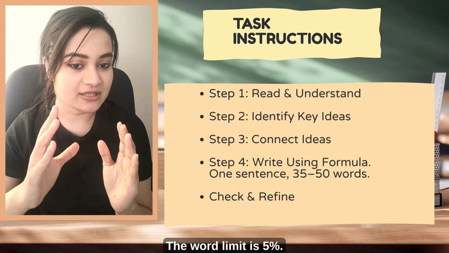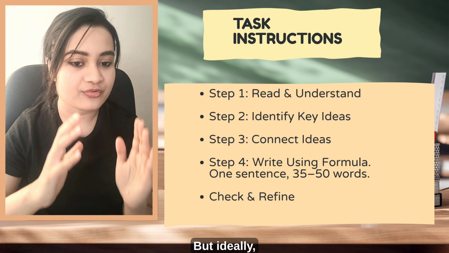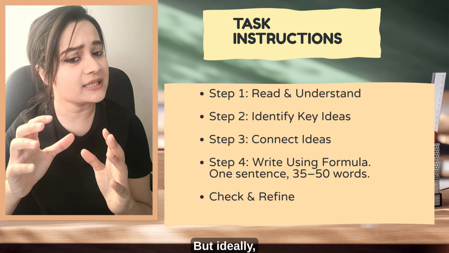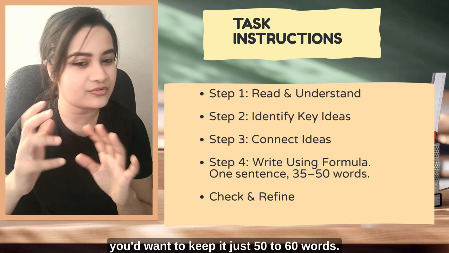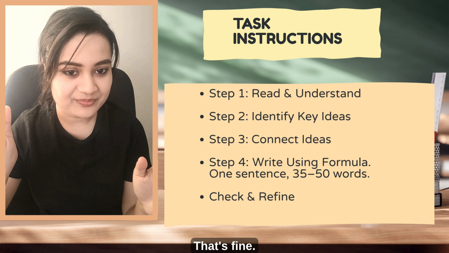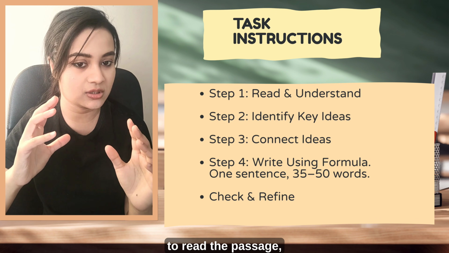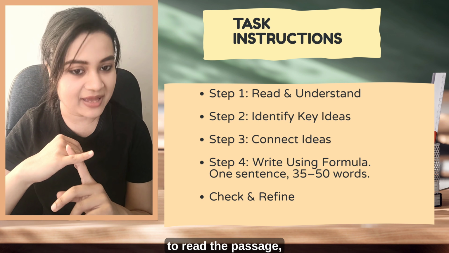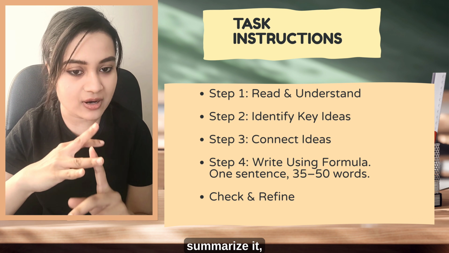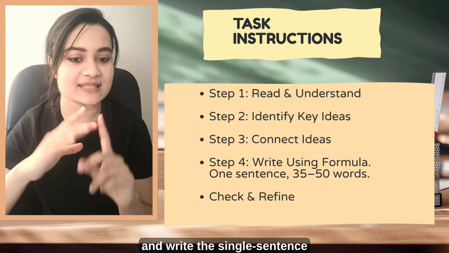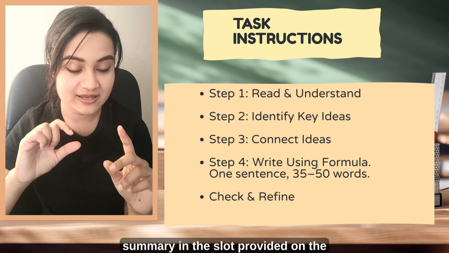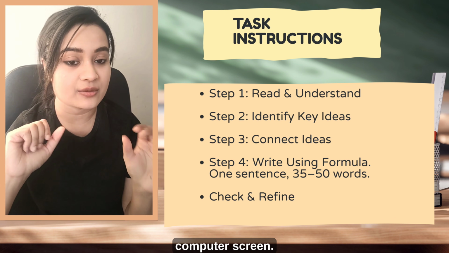The word limit is 5 to 75 words, but ideally you'd want to keep it just 50 to 60 words. You will get 10 minutes in total to read the passage, summarize it, and write the single sentence summary in the slot provided on the computer screen.